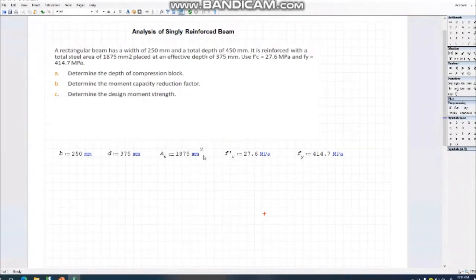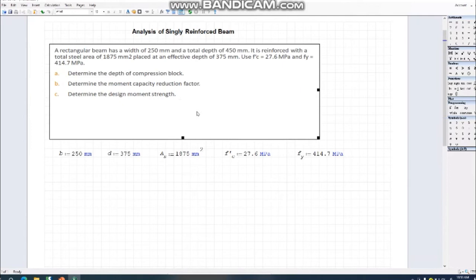While in method 2, there is none. Instead, it calculates the strain ratio and compares it to the maximum strain ratio. So method 2 does not solve for the compression block. Because our problem requires the compression block, you have to solve it using method 1.